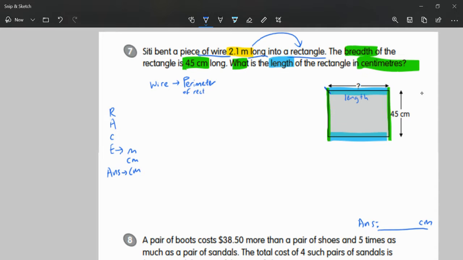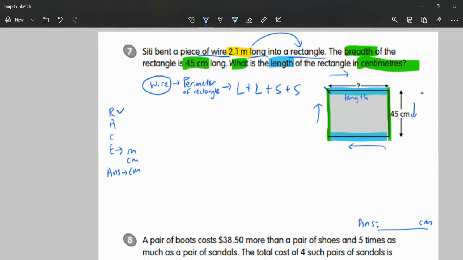Even if I don't understand the perimeter of a rectangle, imagine tracing your finger along the sides of the rectangle and pulling it out. That's what the wire is when you bend it to make a rectangle. So I have two long sides and two short sides. That gives me the whole length of the wire.